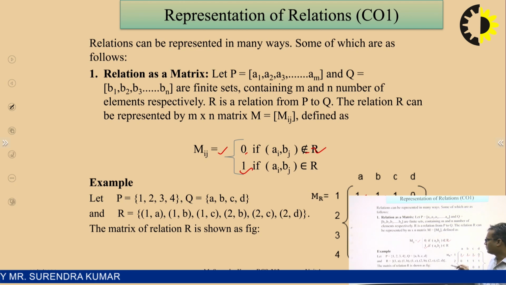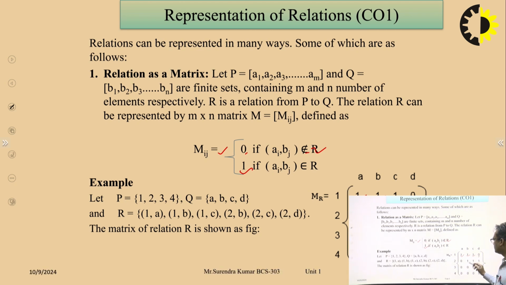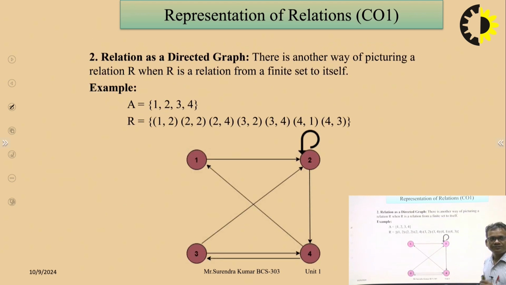Same for 2B, 2C and 2D. The rest are not present in your relation R, so you will give 0 for all those entries, right? In this way you can represent your relation with the help of a matrix.